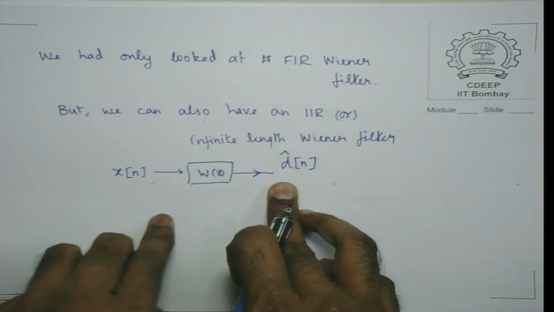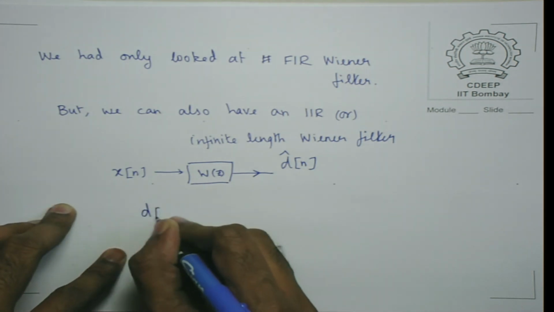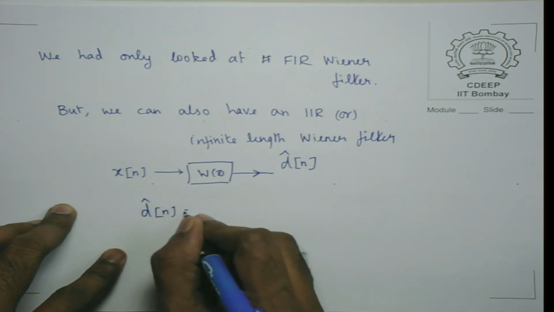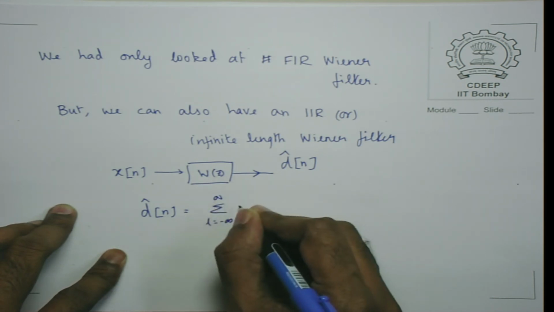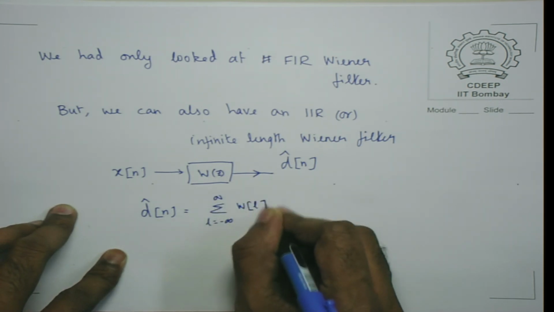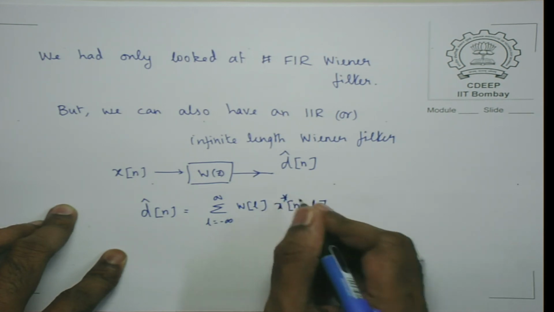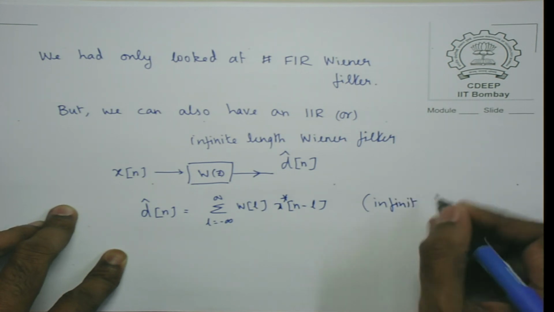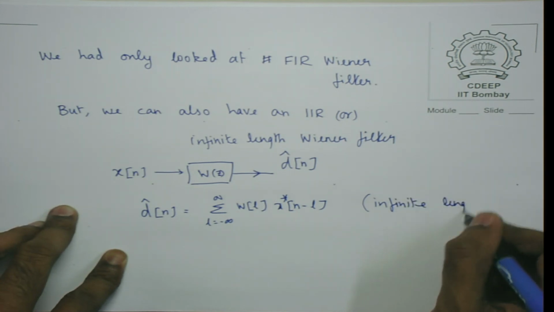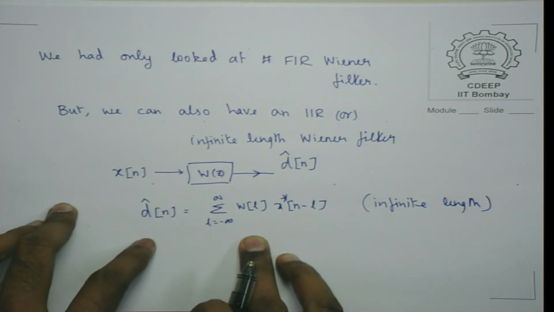If this is what we want, then this d hat of n, instead of having a finite length, will come from an infinite length filter which we would want to design.